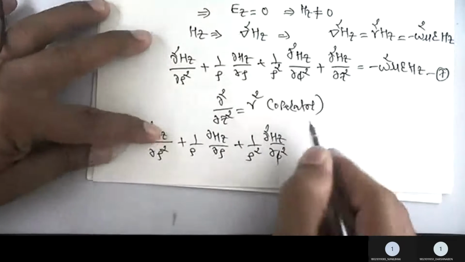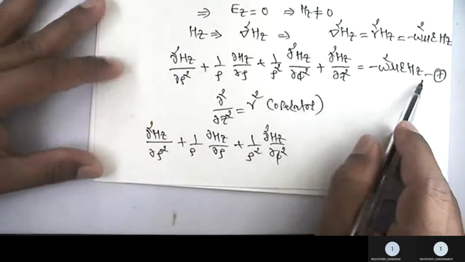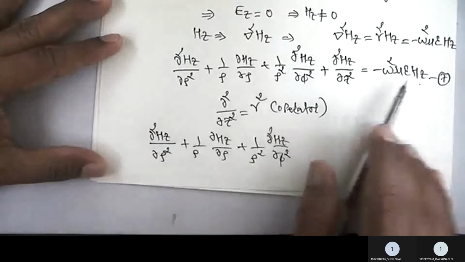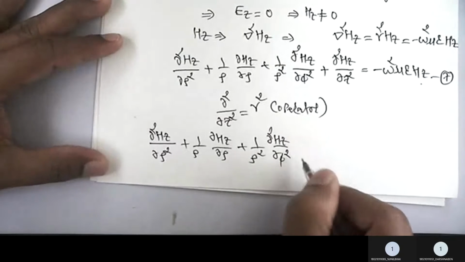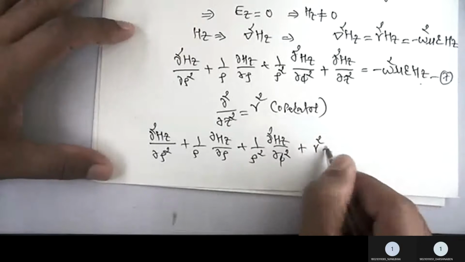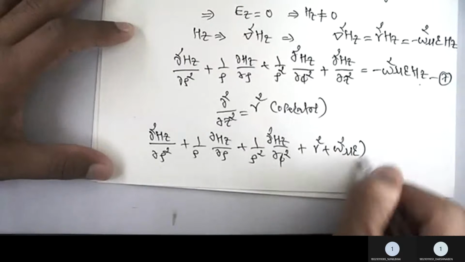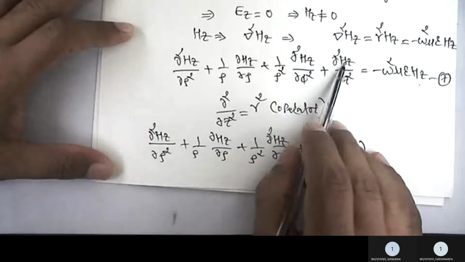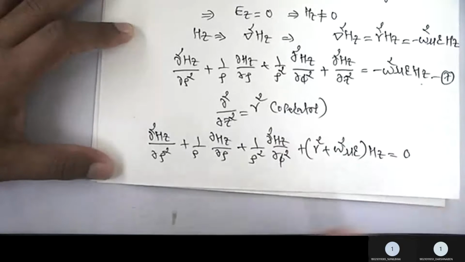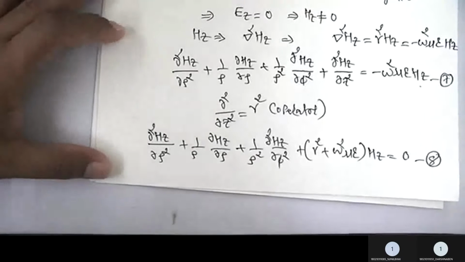Now del square by del z square I am replacing with gamma square, and I will bring it to the left side. Then this term will become gamma square plus omega square mu epsilon, and because Hz is common in both cases, it becomes Hz, and that is equal to 0. So now this is our expression number 8.